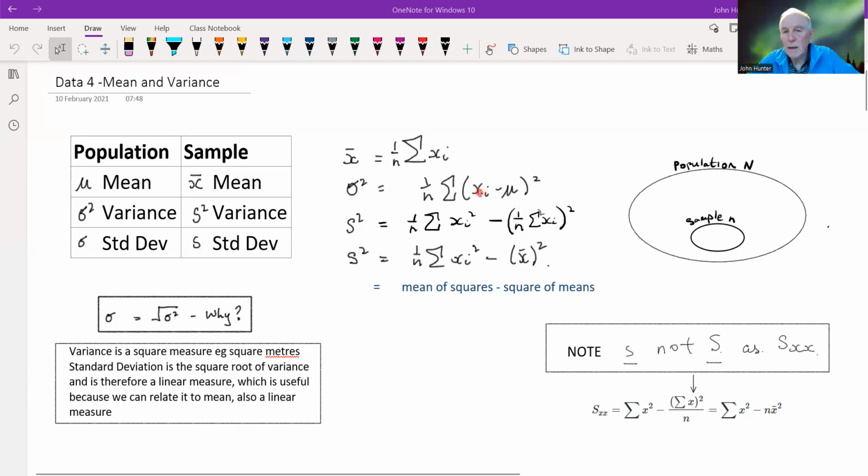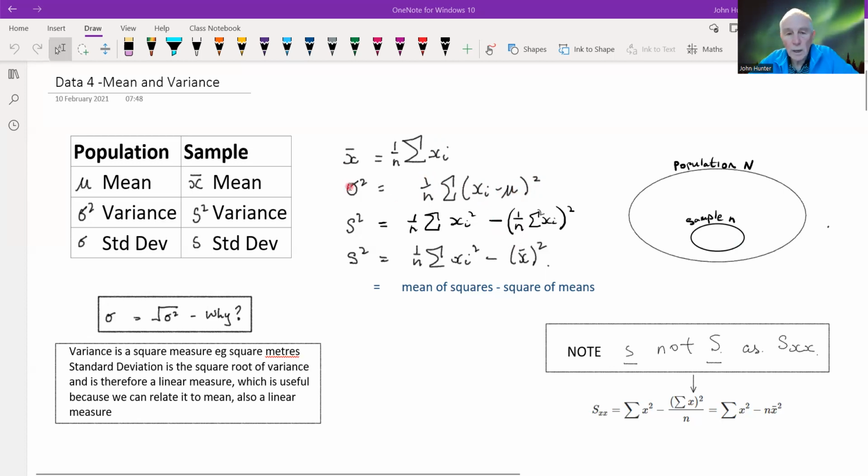But if we were just to add those up, then obviously the mean lies somewhere in the middle. So there would be positives and negatives in there, and if we added all those up, we get something which is pretty meaningless, possibly something close to zero. So what we do is we take the square, which is always a positive number, and then we take the mean by dividing by the count, and that gives us a measure of spread.